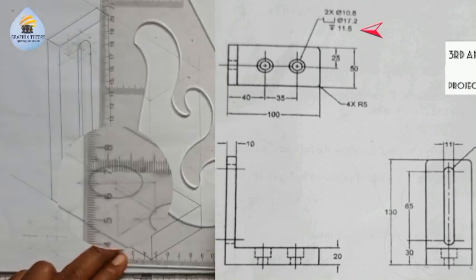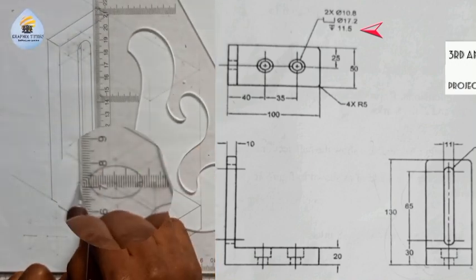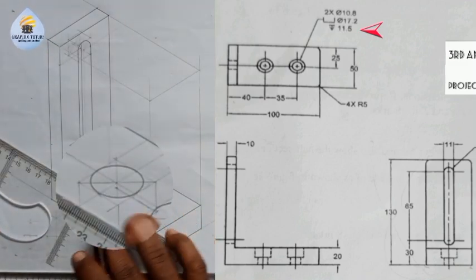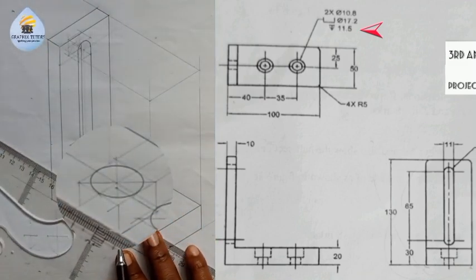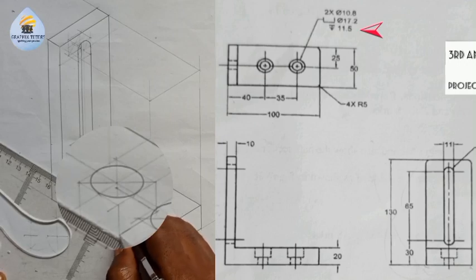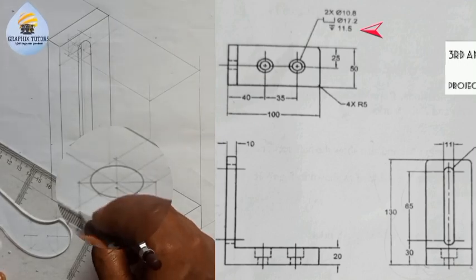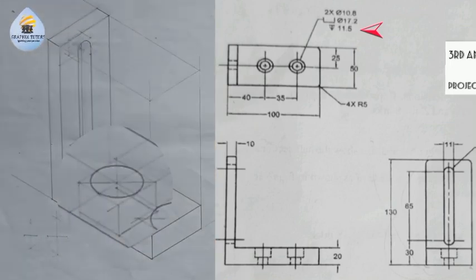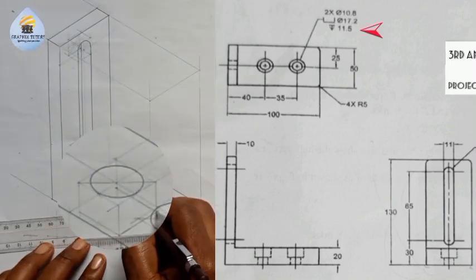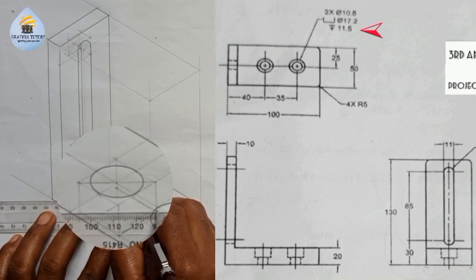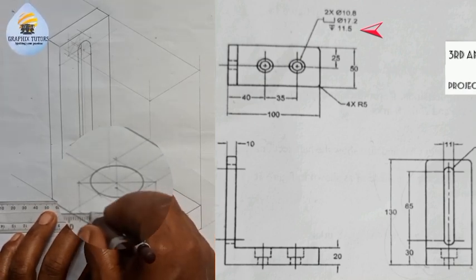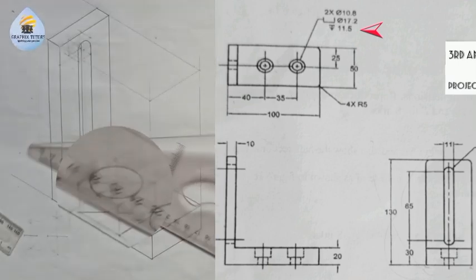And I'll do the same thing here too. I'll close it up. You can see that. So I'll join the longest diagonal here, from here to here. Here is the longest diagonal.